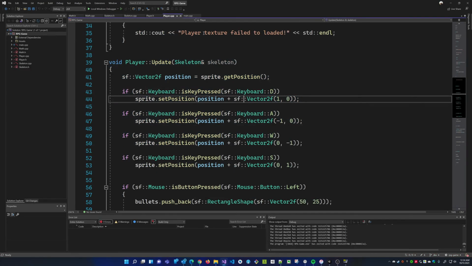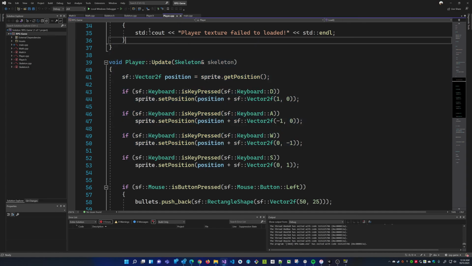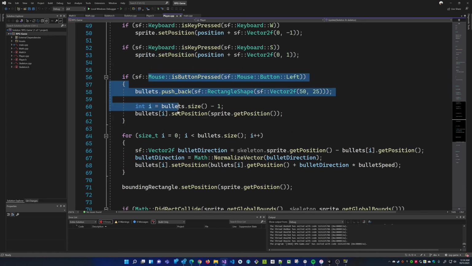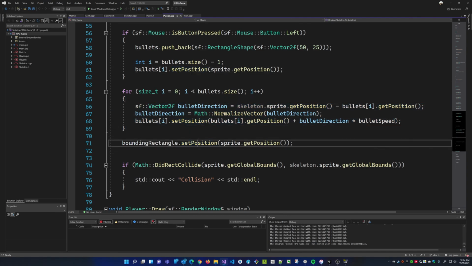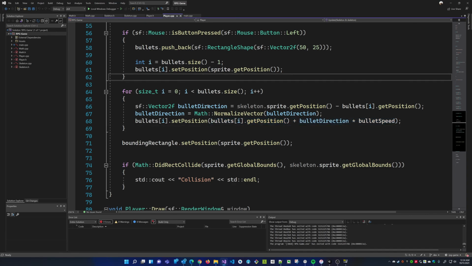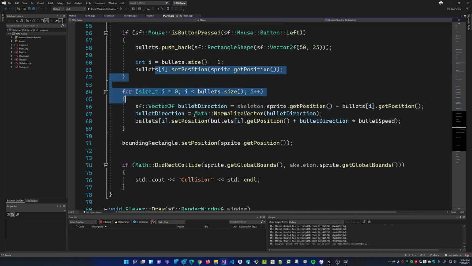the faster my loop runs, the faster my bullets move. I'm moving my bullets in a certain direction, and so the faster the loop runs, the more I'm gonna execute this code.